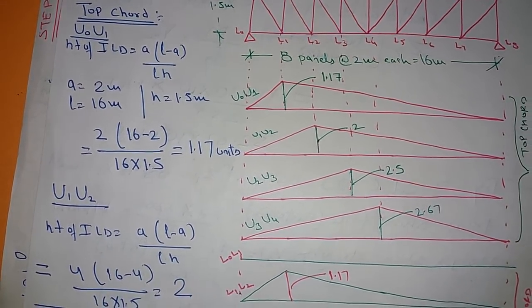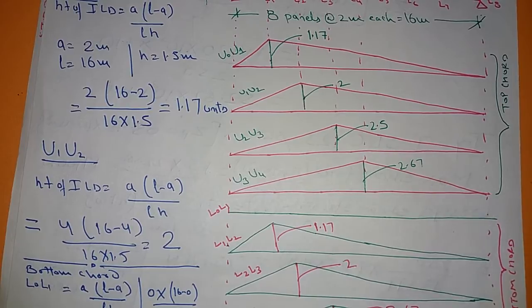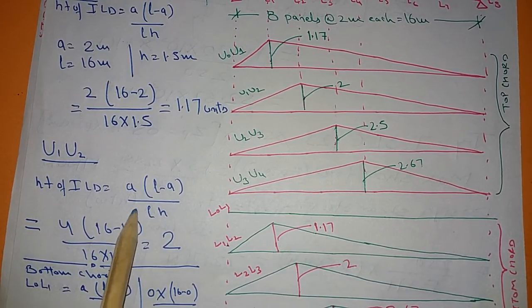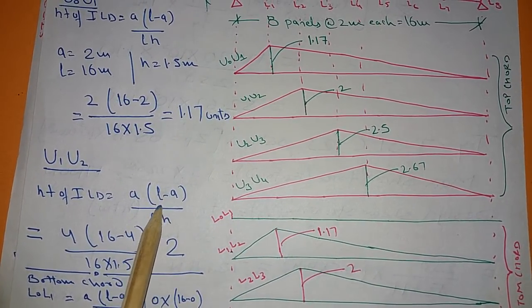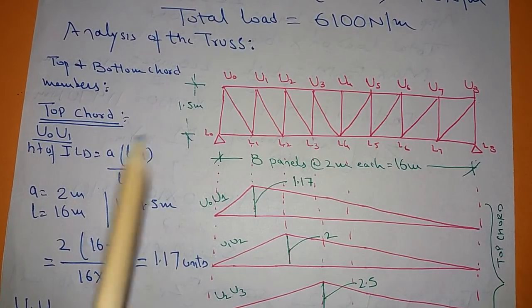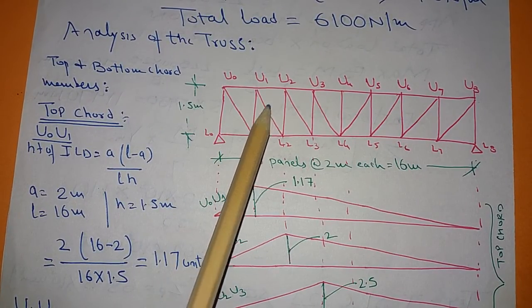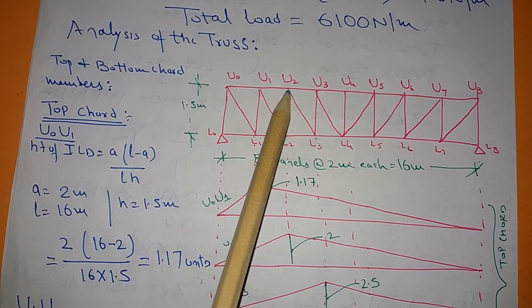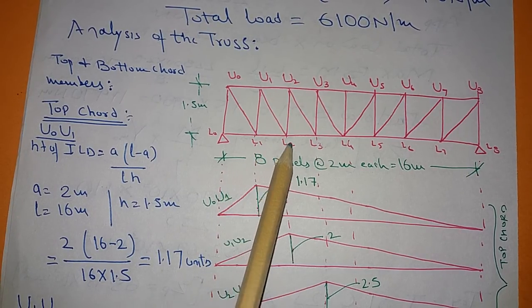So now see how to design with the same pattern. The formula is same. In this case, L is again 16 meter, H is 1.5 meter. So as I said earlier, A is, for U1, U2, the opposite one is L1, L2.